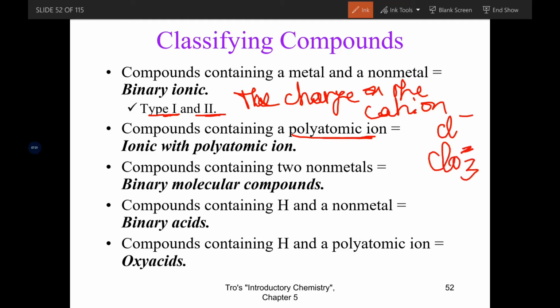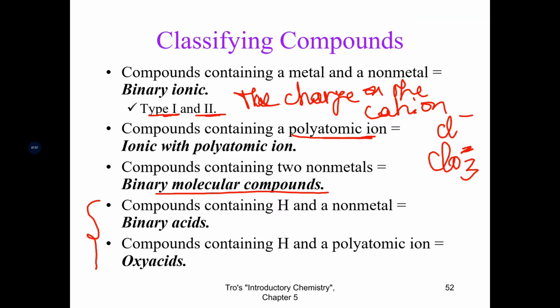Whichever one, we would still apply the same rule. All right. Then when we go down, for molecular compounds, we're only going to look at binary molecular compounds. So we're not going to worry about any of this stuff. It'll be right off the bat, one type of compound. We'll look at them, we'll name them. Then when it comes to acids, we're going to look at whether it's a binary acid or an oxyacid.